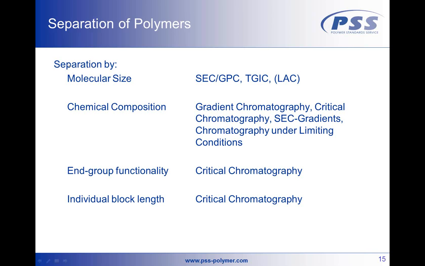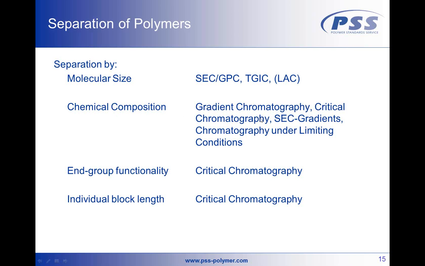For example, if you would like to separate by molar mass or by molecular size in one dimension, then the appropriate method would be size exclusion chromatography, gel permeation chromatography, or you can use temperature gradient interaction chromatography, which is a kind of gradient chromatography, which is very sensitive to small variations in molar mass. If you would like to separate according to the chemical composition, then if you have blends, if you have statistical copolymers, gradient chromatography might be the method of choice.